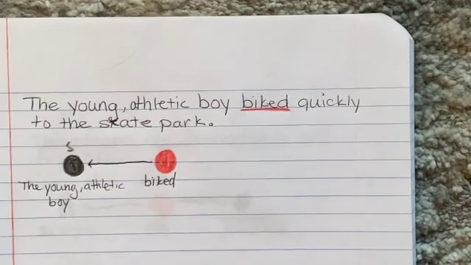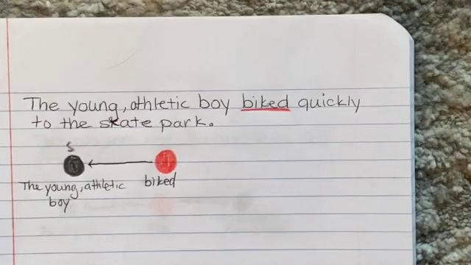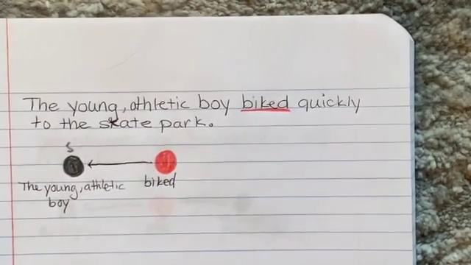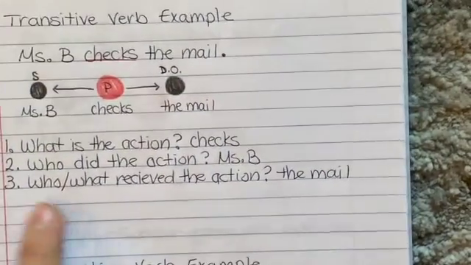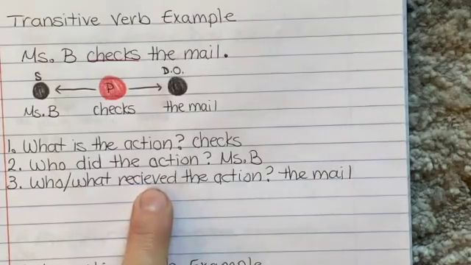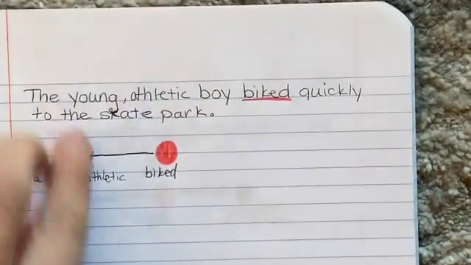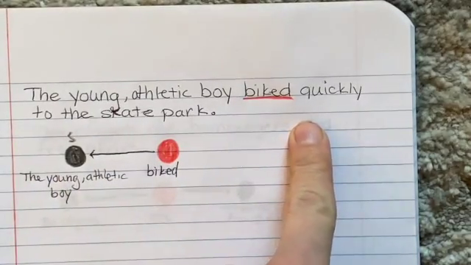Does this sentence make sense if we stopped after the verb? Do we need a direct object? The young athletic boy biked. Well, that makes sense. Can we answer the question, what received the action? So what did the boy bike? The young athletic boy biked what?